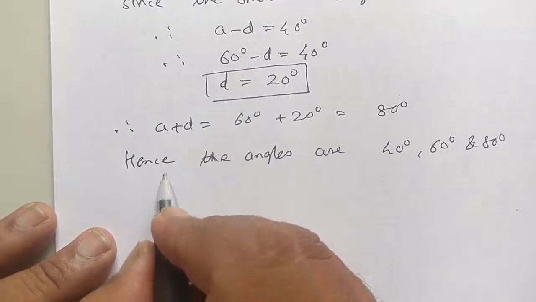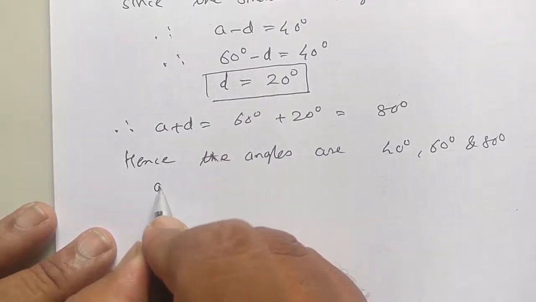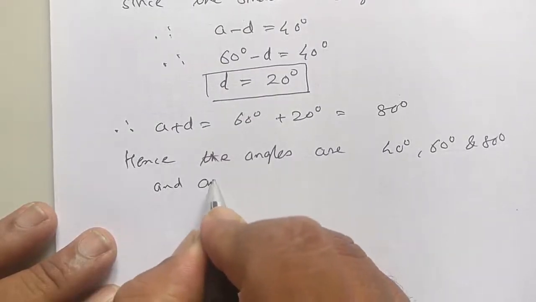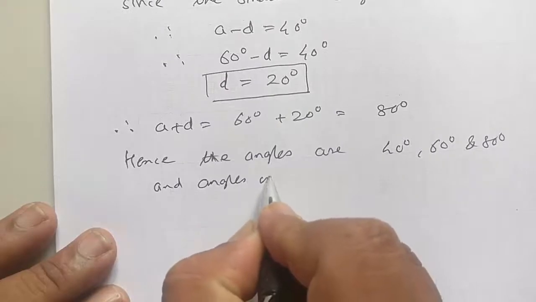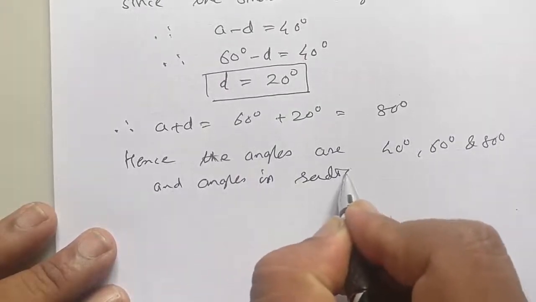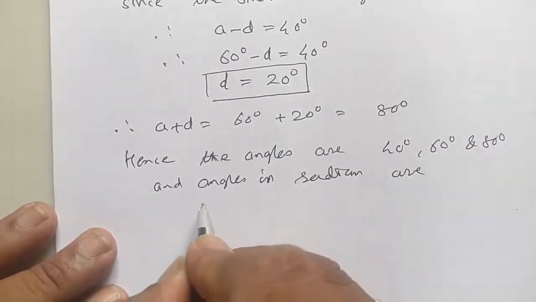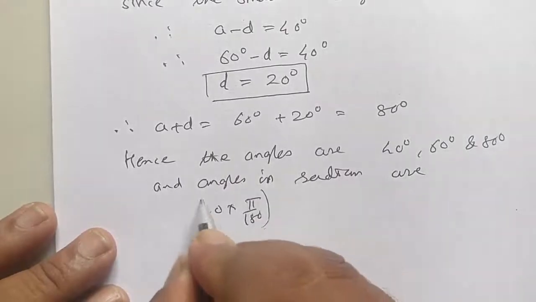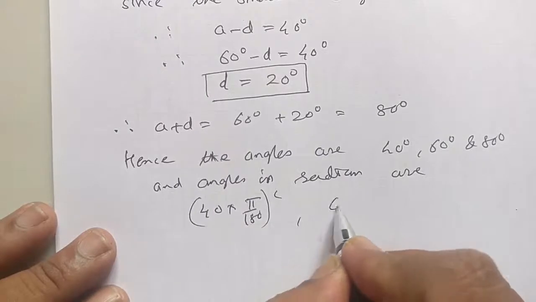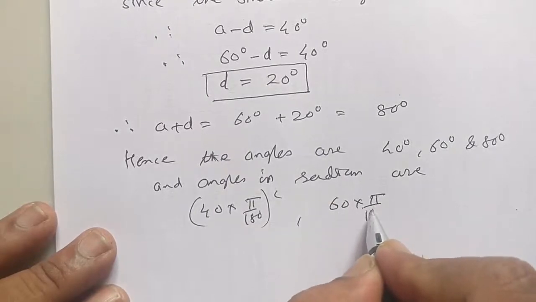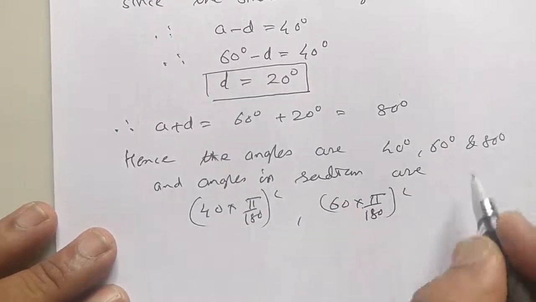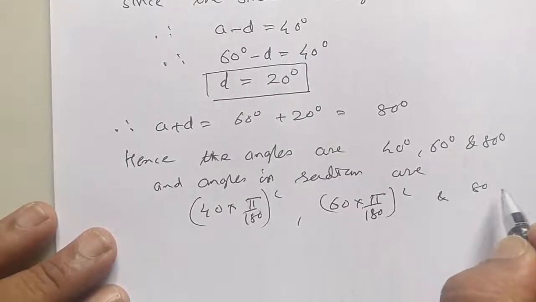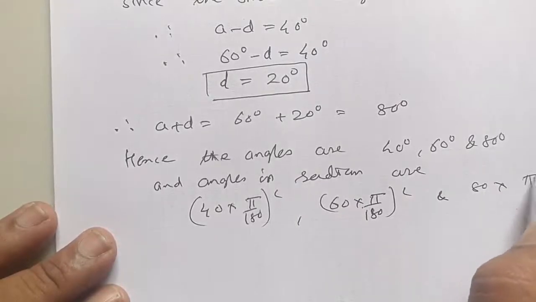And angles in radian are 40 into pi upon 180 radian, 60 into pi upon 180 radian, and 80 into pi upon 180 radian.